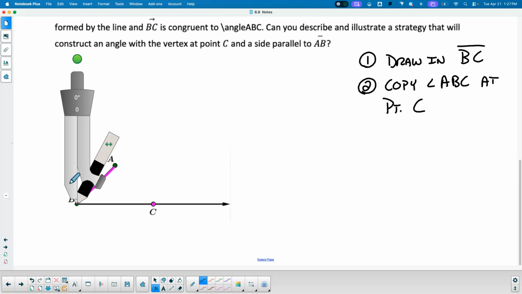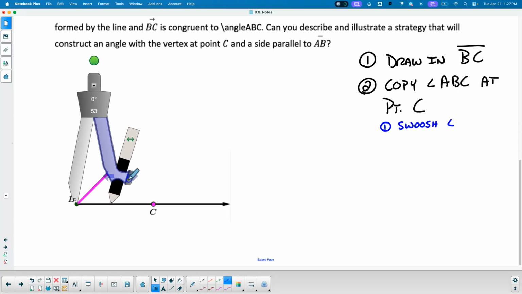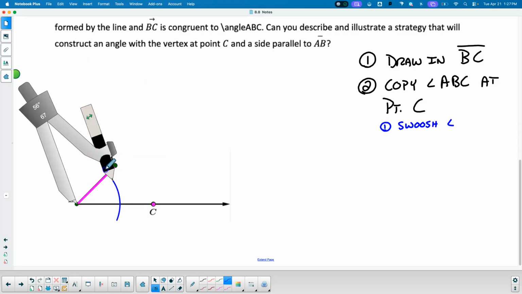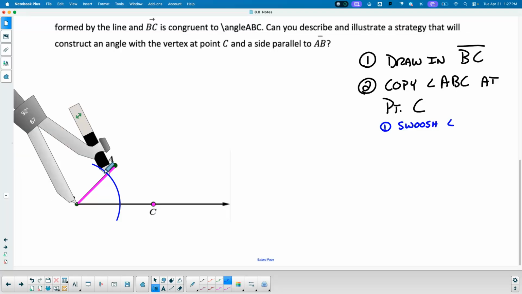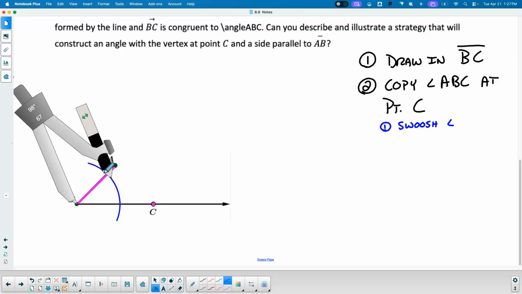So we need to swoosh the angle, right? We swoosh the angle at point A and at point C.